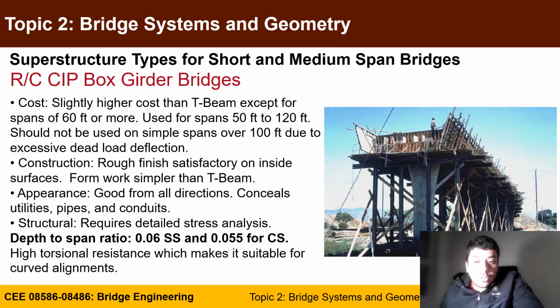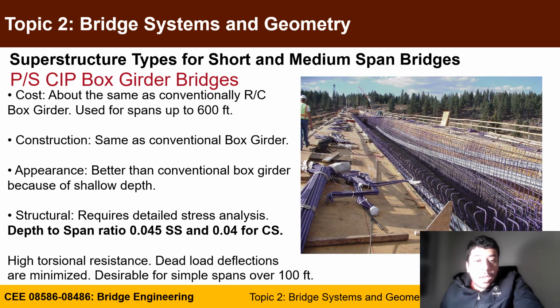Here is the same slide, but showing the formwork for the cast-in-place. You form the box, and sometimes the beam that we mentioned earlier, the cap beam, can also be cast integrally. The second type of box is pre-stressed cast-in-place box girder bridges.